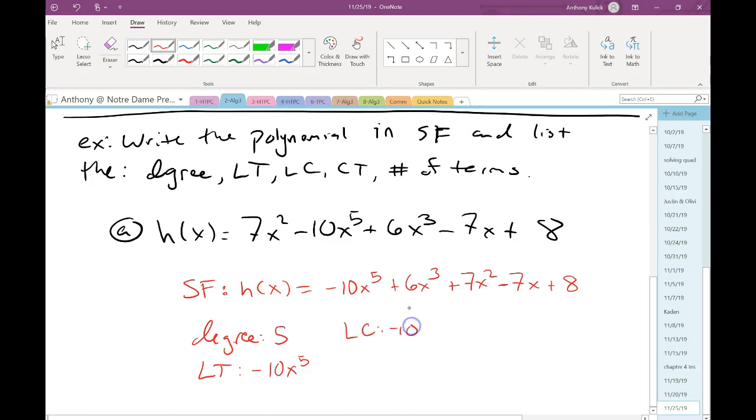That's negative 10. Okay. The constant term, what's that? 8 is correct. And the number of terms here is? It's 5, right? We have 1, 2, 3, 4, 5 terms. Everybody good with that?